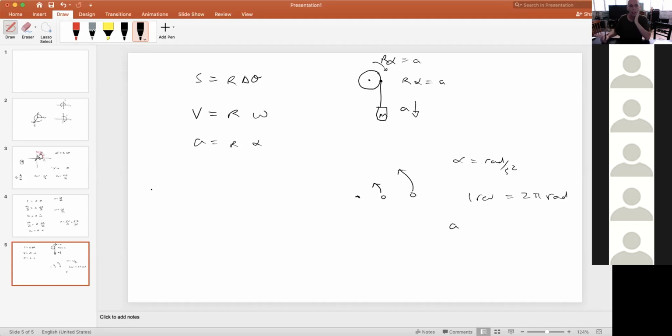And then, because if we just change x for theta, we get these standard equations that you already know.